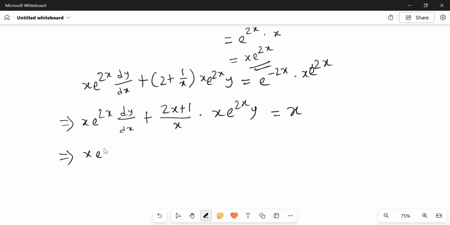We get x e to the power 2x times dy by dx plus, this x and this x will cancel out, so we get (2x plus 1) times e to the power 2x y equal x.